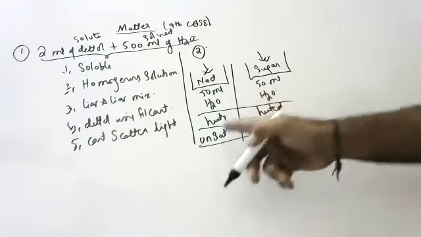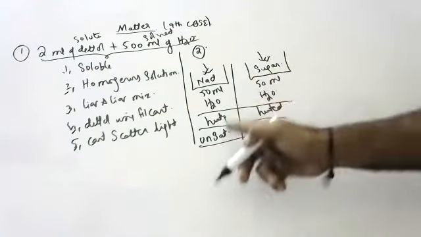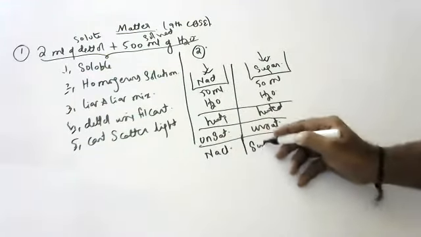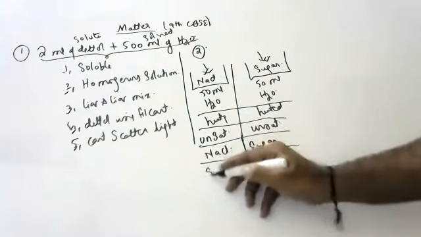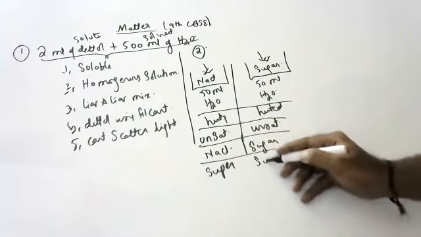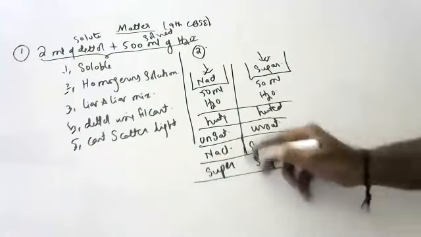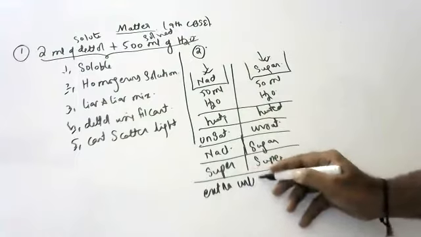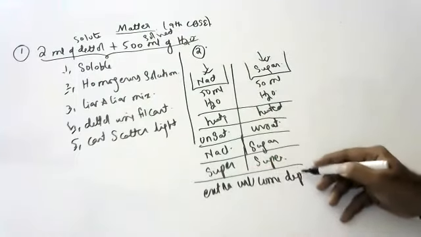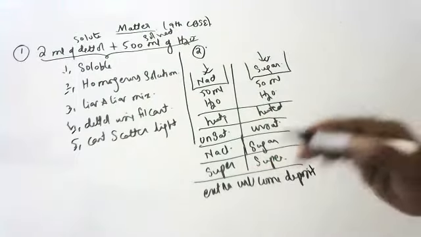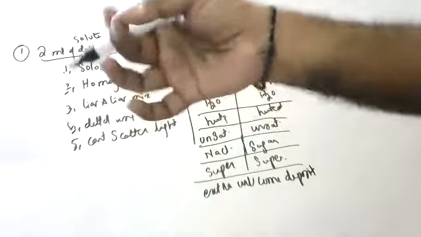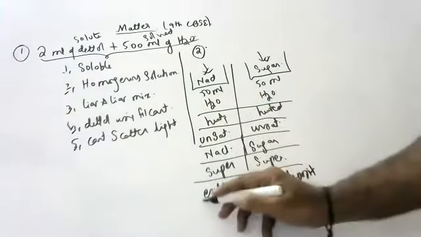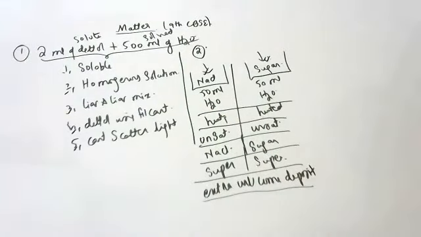Now they became supersaturated. Once she cools down, all that extra will come and deposit down. Whatever you added extra on heating will deposit on cooling.